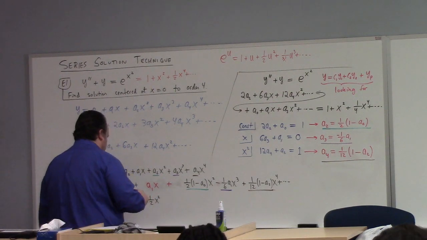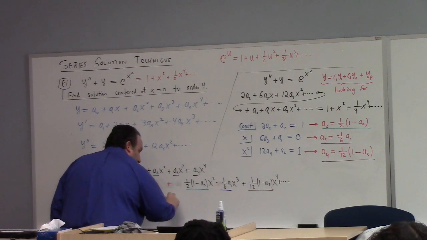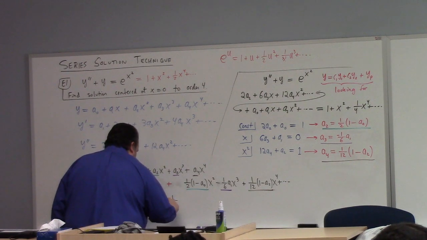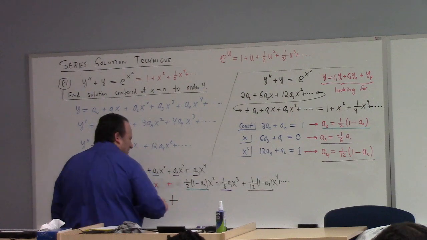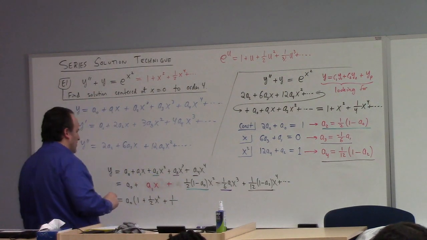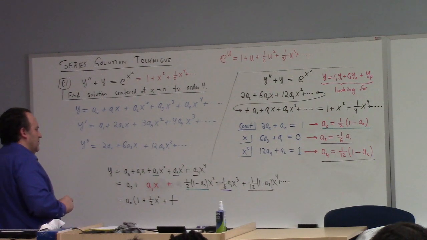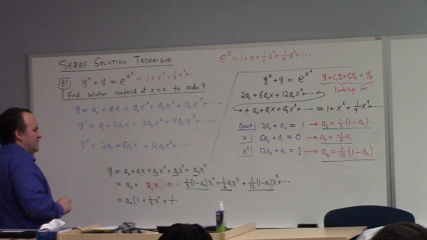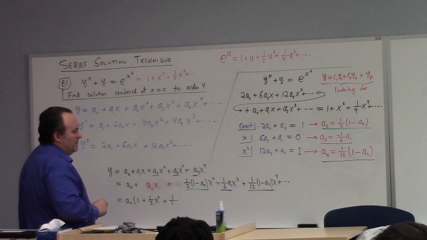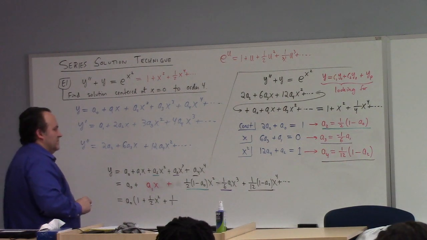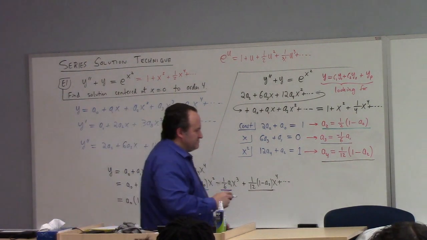Oh, why is that wrong? I shouldn't have a 12 there. I should have like a 24. Oh, I'm not done. I'm an idiot, guys.